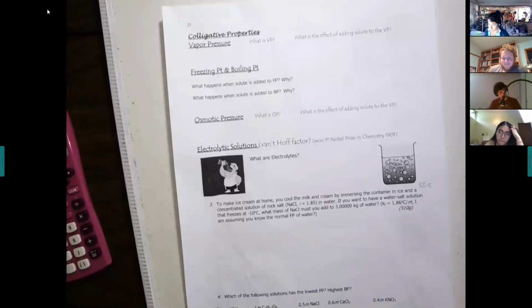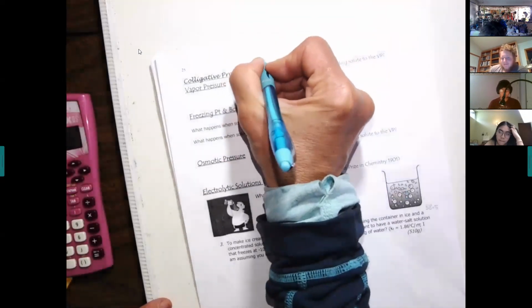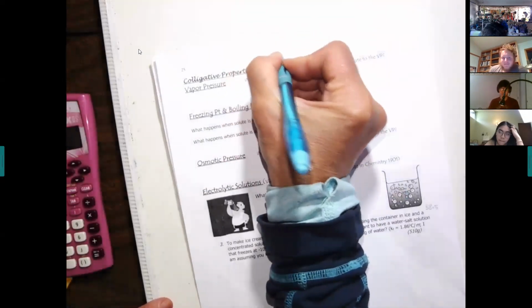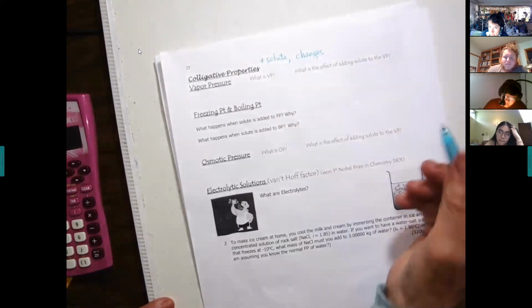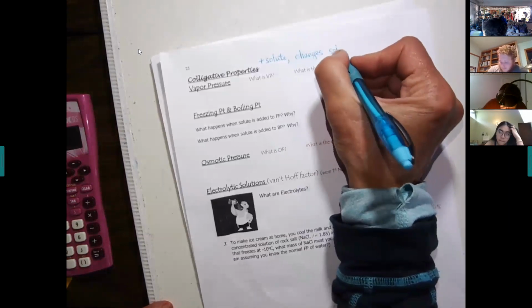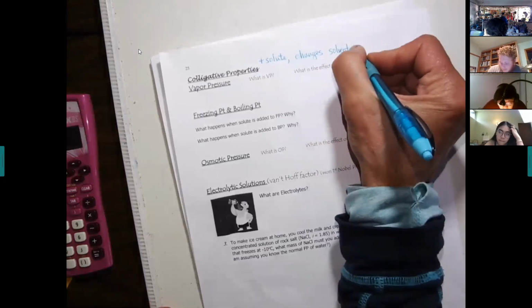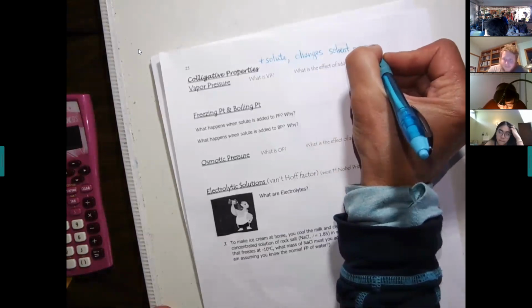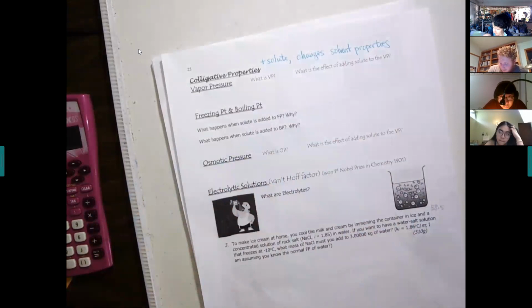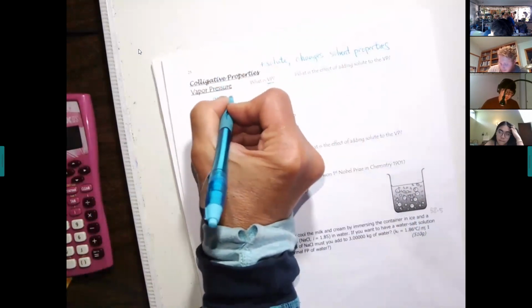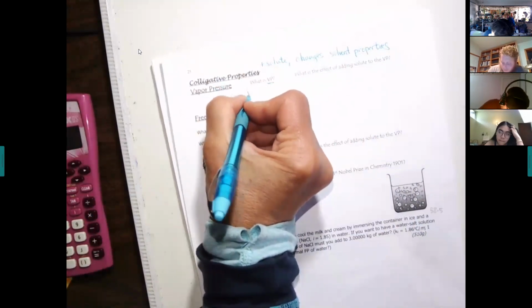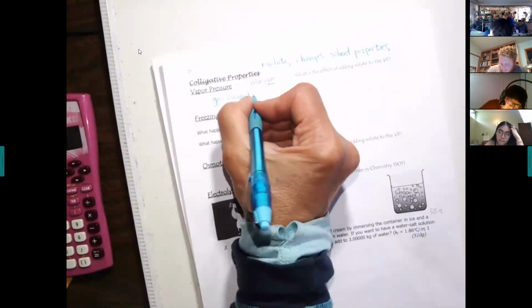All right, colligative properties are, again, when you add a solute, it changes the solvent properties. So just to review, we went through these the other day. Vapor pressure is the gas that escaped the liquid. So the key here is that it escaped the IMFs.